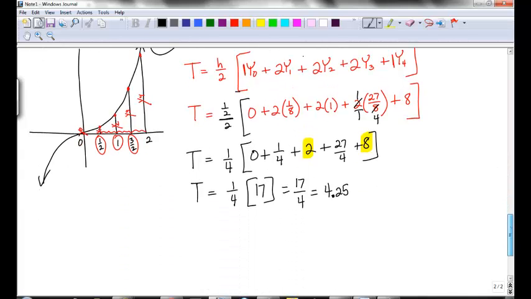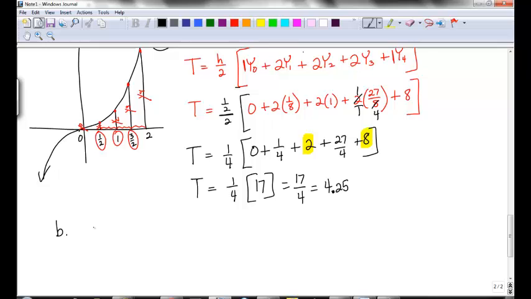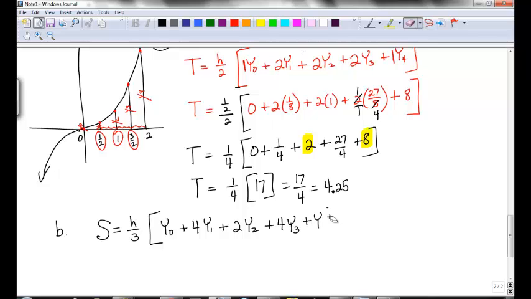Part B, you do the Simpsons. Simpsons, just write the formula down. S equals h over 3 times the quantity y sub 0 plus 4y sub 1 plus 2y sub 2 plus 4y sub 3. When do I stop? Plus y sub 4, right? Whoops, sorry, I wrote y sub, should be y sub 4.